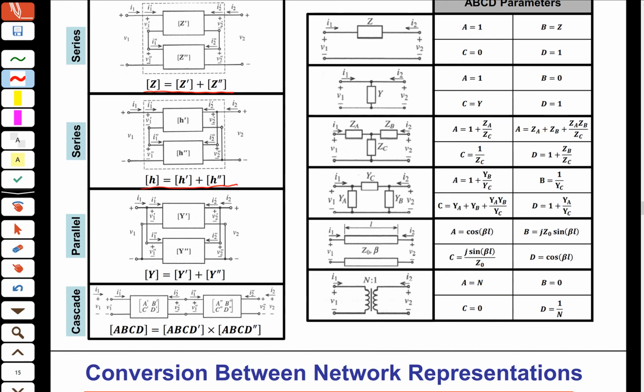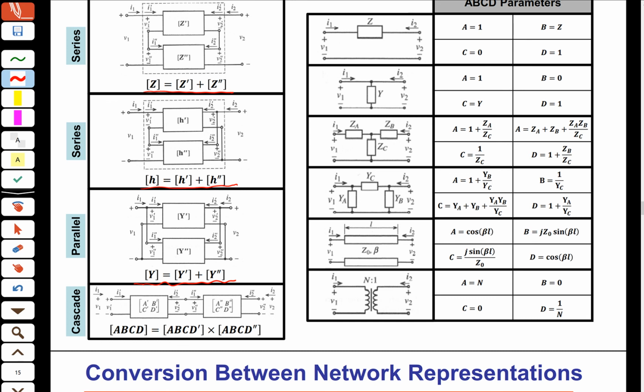If we put the two networks in parallel and I want to find the network parameters, then Y1 plus Y2 gives the Y of the total. This is why we go for the different representations of the network.